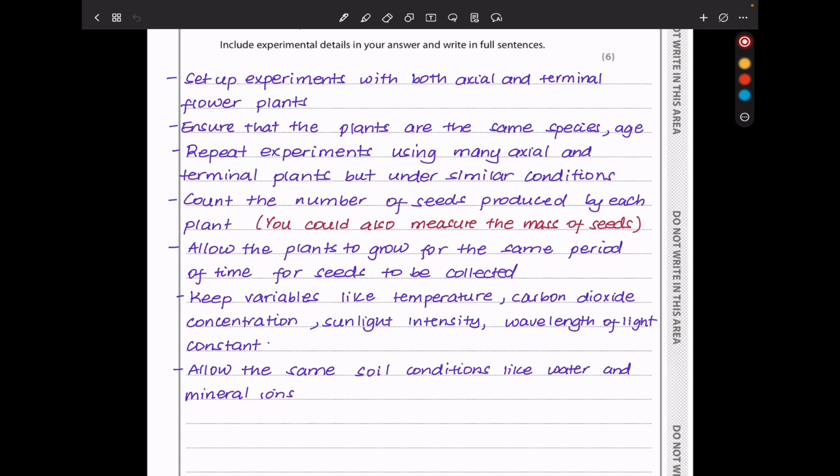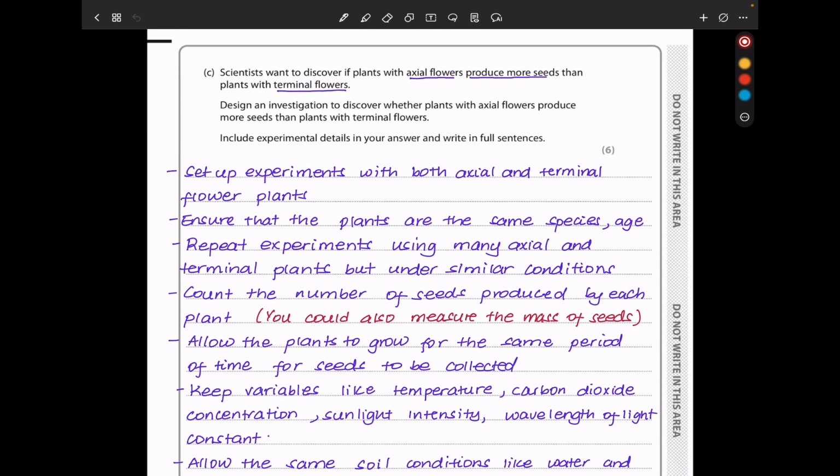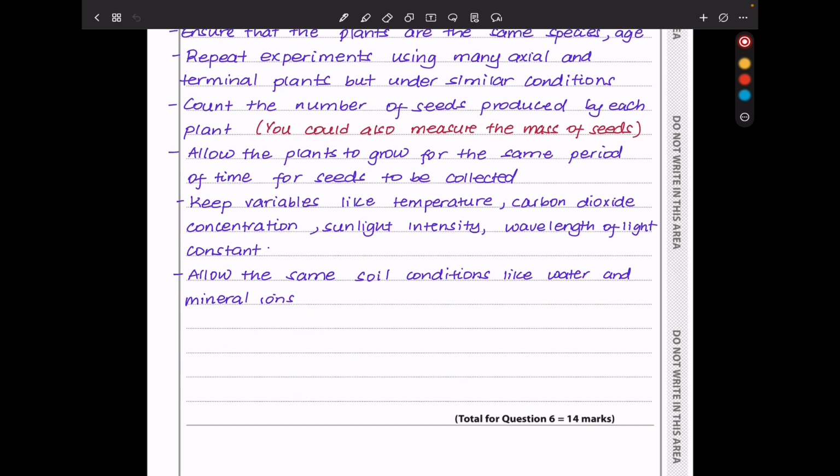And also because these plants are growing in the soil, we have to make sure that soil conditions are maintained in all experiments, so they have to be exposed to the same amount of water and same minerals, so that the only variable is the independent variable, which is the different types of flowers. So this brings us to the end of question 6. Let's continue to question 7.